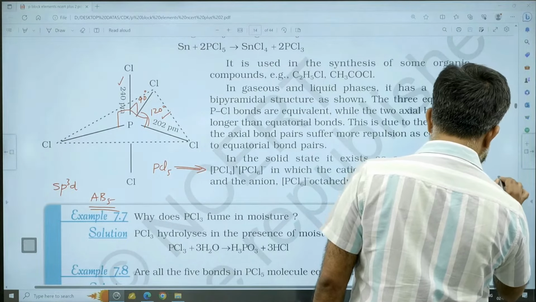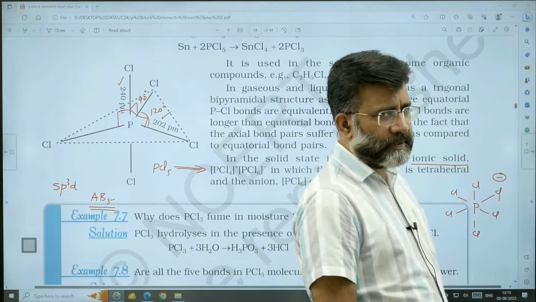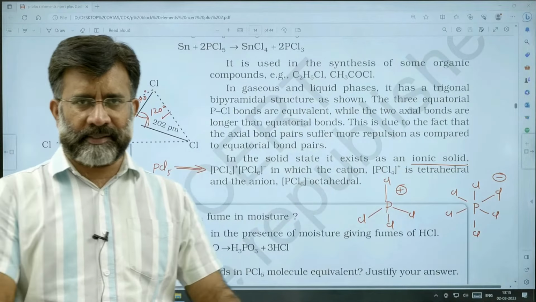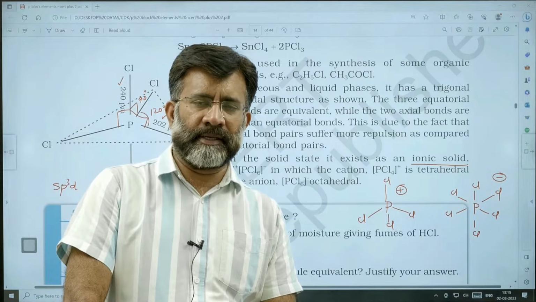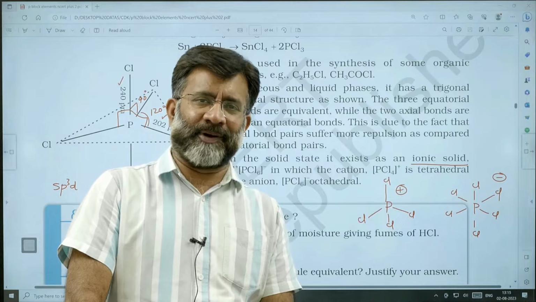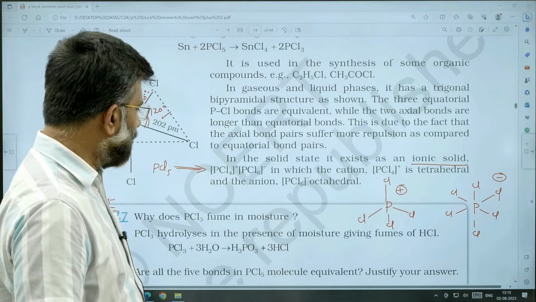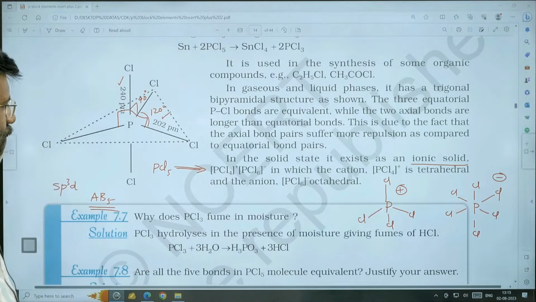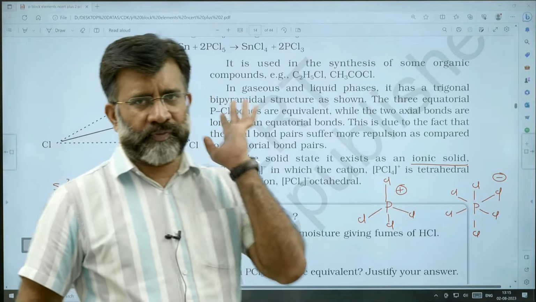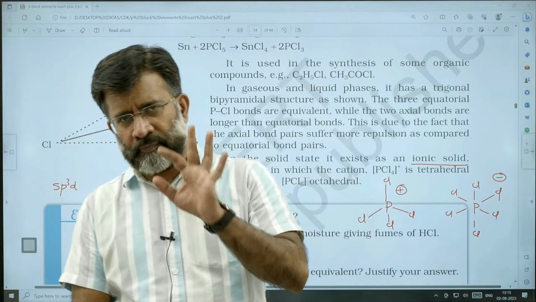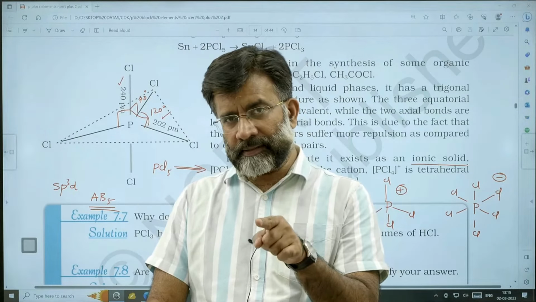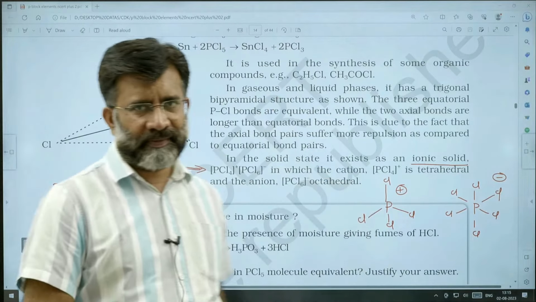That is about PCl3 and PCl5, 2 important compounds of phosphorus. So, allotropic forms of phosphorus, phosphine, PCl3 and PCl5, right?